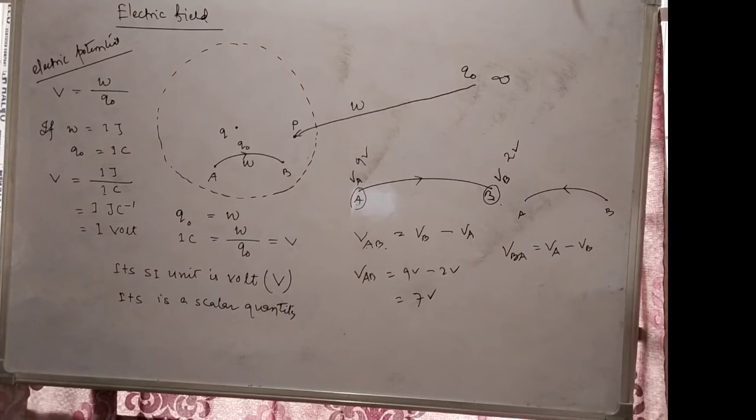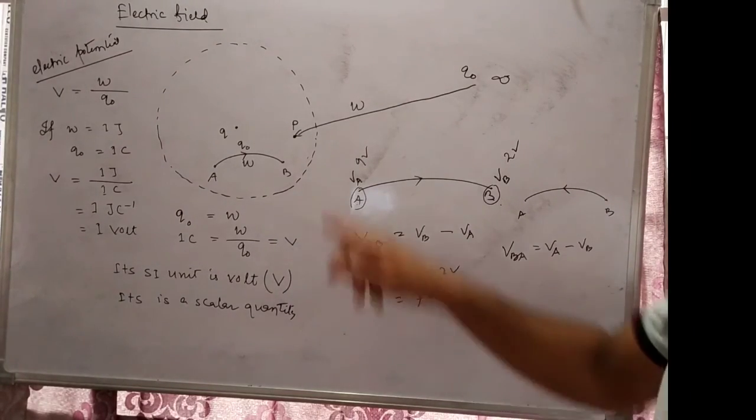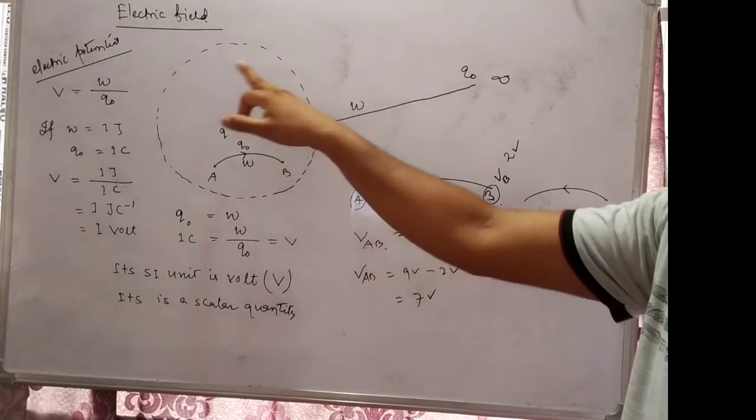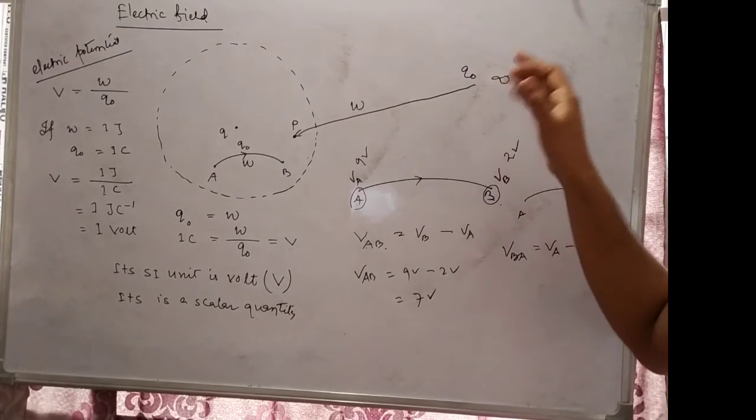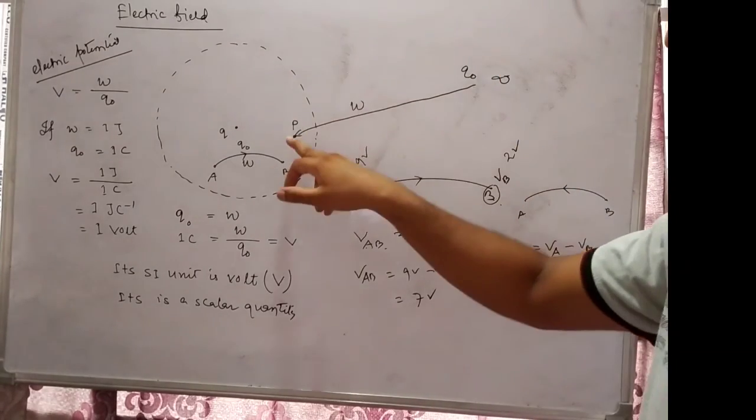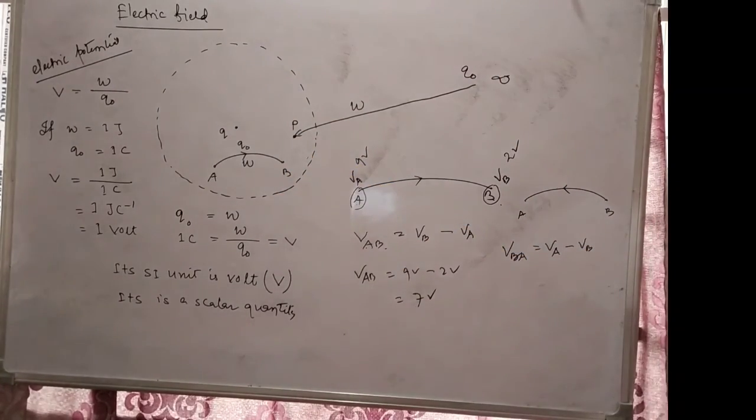Both electric potential and electric potential difference are almost the same thing. Their SI unit is also the same, volt only, and both are scalar quantities. The difference is that in electric potential we find the potential at a single point in an electric field: from infinity we move a unit charge to this point, and the work done is equal to the electric potential.